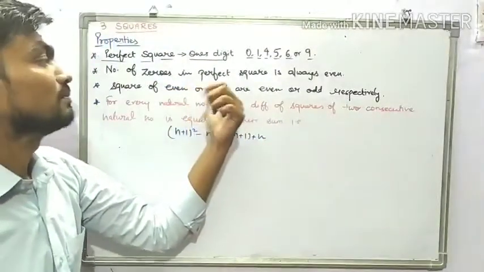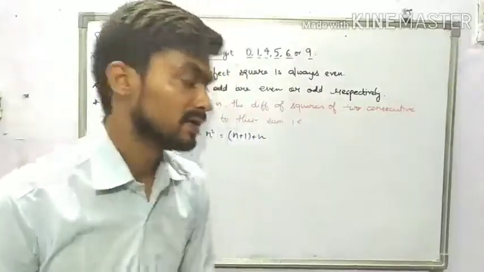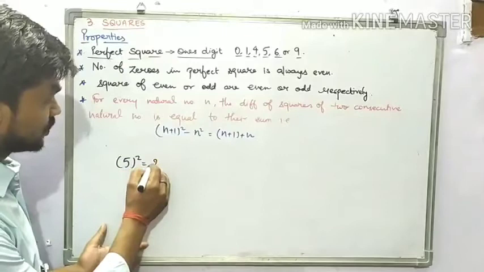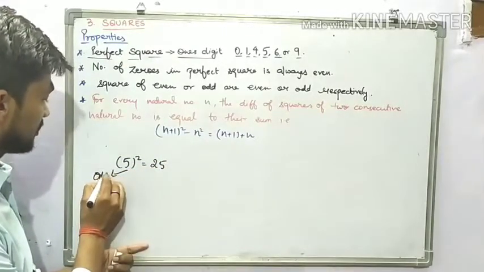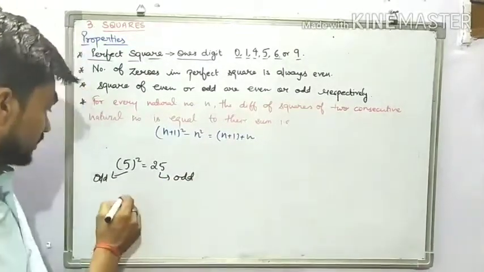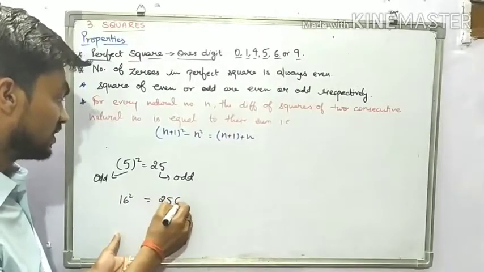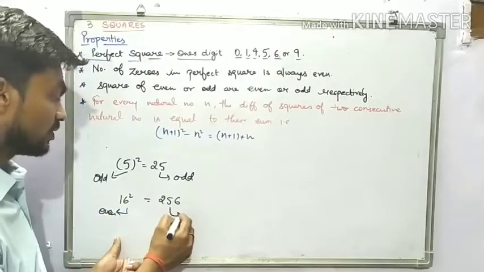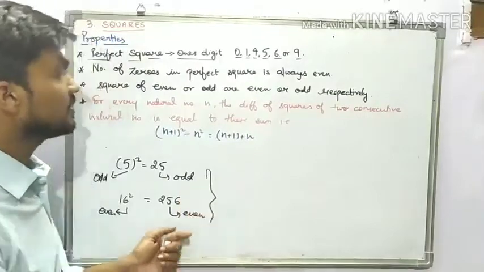Let us see. 5 square is 25. 5 is an odd number, so 25 is also an odd number. Then 16 square is 256. 16 is an even number, and 256 is again an even number. So this is the third property.